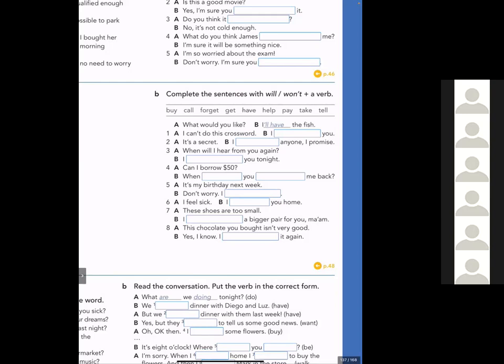Okay. Number 8. Let's see who's gonna have the pleasure of doing number 8. Janer, can you do number 8? This chocolate you bought isn't very good. Yes, I know. I will forget eating again.